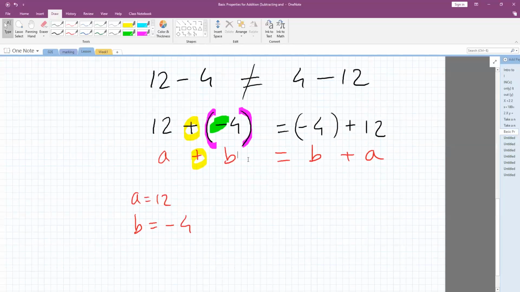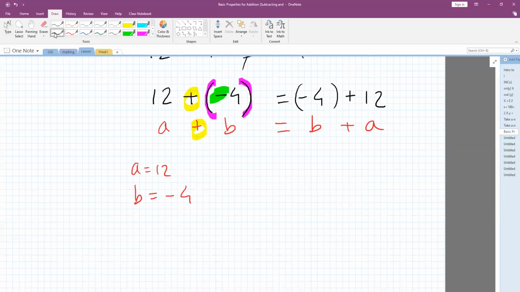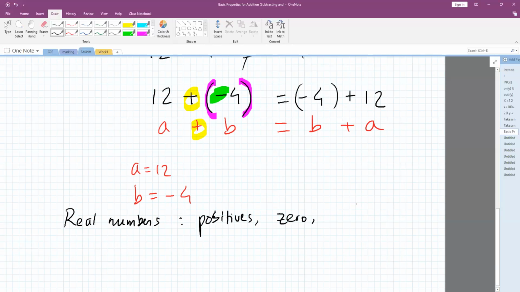If you try to draw them, these are called real numbers, which include the positives, and then 0, and then the negatives.